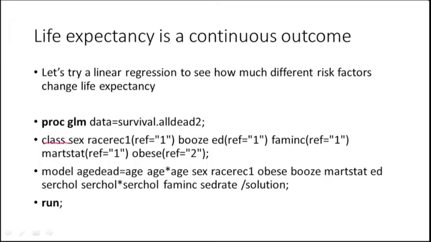And so we're going to put various categorical variables in that class statement: sex, a race variable, and the reference is going to be 1, which is whites. You need to tell SAS what the reference category is, because SAS's default is weird.